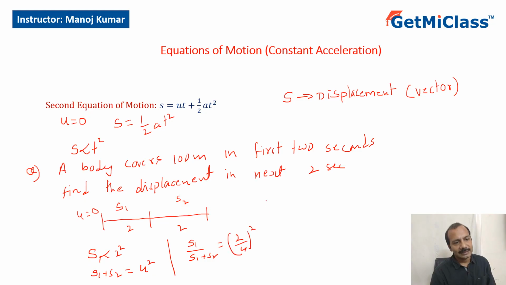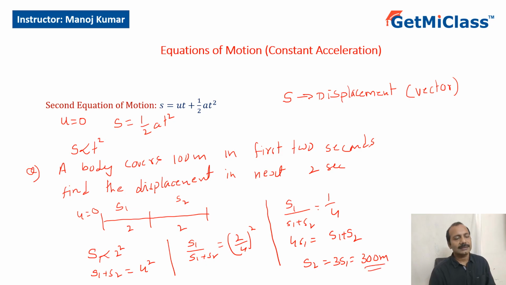That gives S1 by S1 plus S2 equal to 1 by 4, or 4 S1 equal to S1 plus S2, or S2 equal to 3 S1. What is S1? 100 meters. So the answer is 300 meters. This saves time because we don't have to find acceleration and can directly use the proportionality.